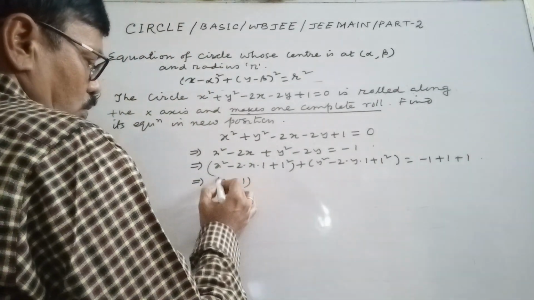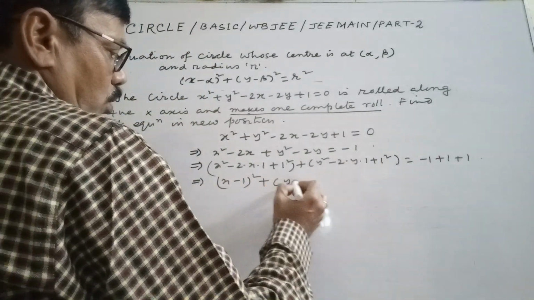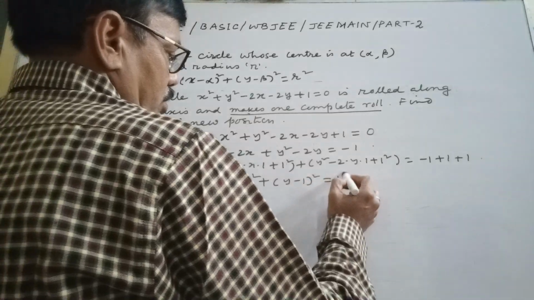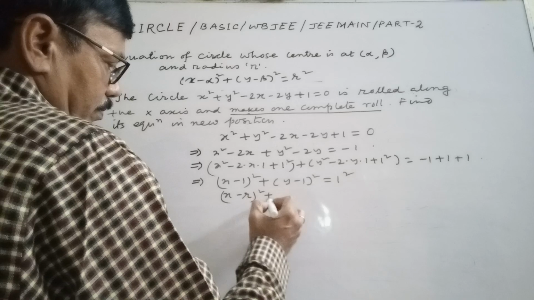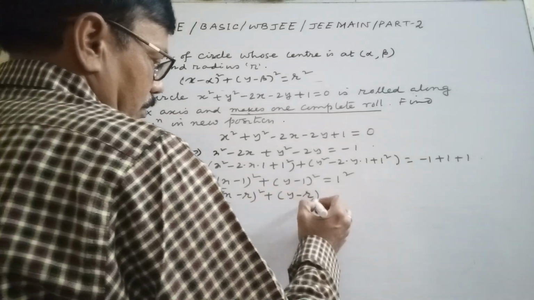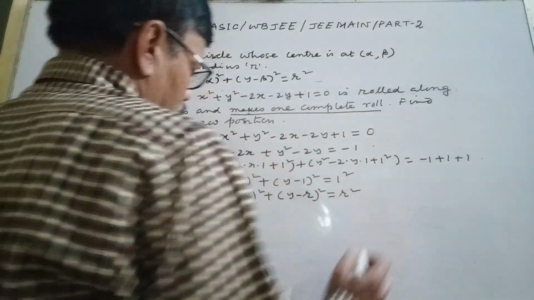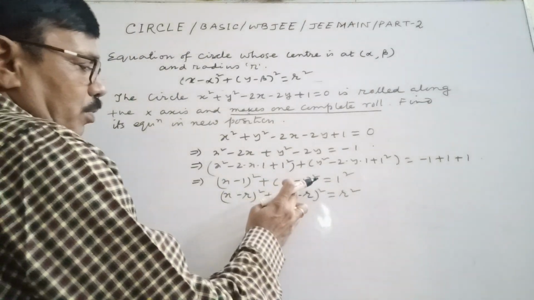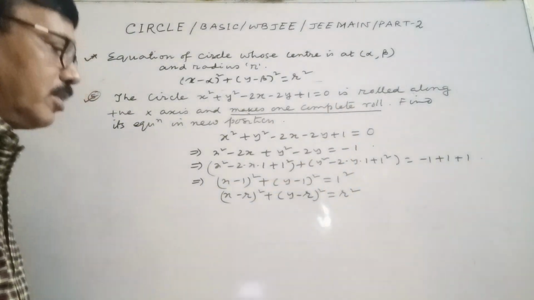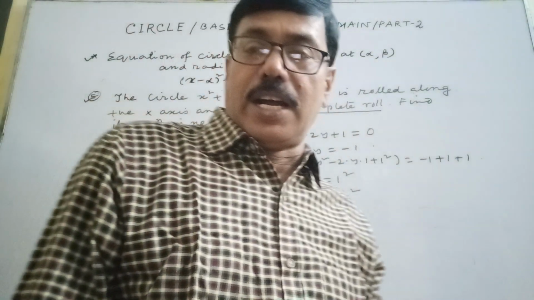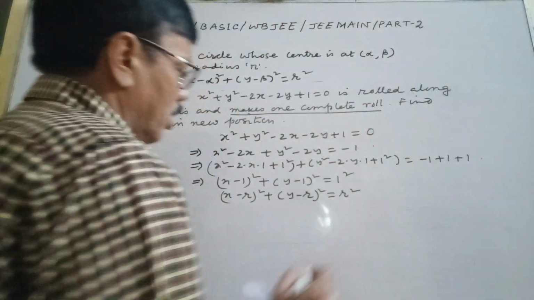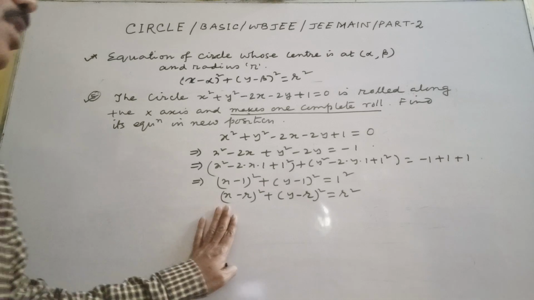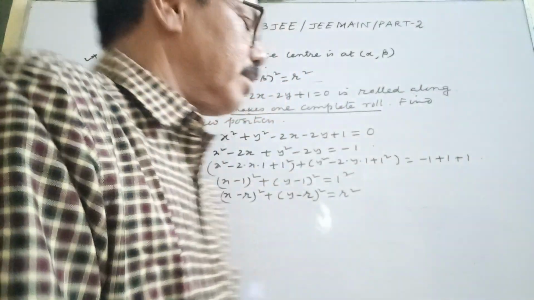So x minus 1 whole square plus y minus 1 whole square equals 1 square. So look, the x and y coordinates of the center equal the radius. So the circle touches both the axes. This is the equation of a circle which touches both the axes.